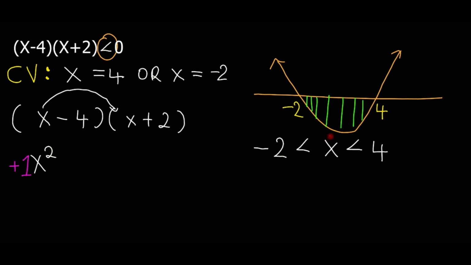Remember gore ge e le in this way bano re la gore x ya gago is greater than -2, because ge ba e re -2 e ka fase ga x bano re la gore x e ka godimo ga -2, so o ka kgona bona gore x ya rena is greater than -2, e re la gore from here and then going to the right, and then as for this one is 4 going to the left. That is why x is less than 4, and then this one -2 is less than x.